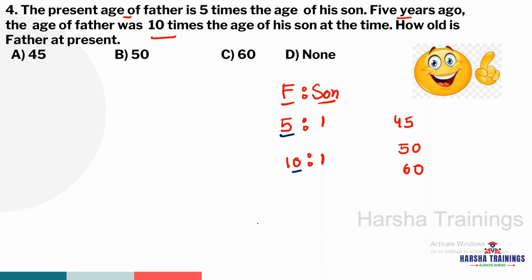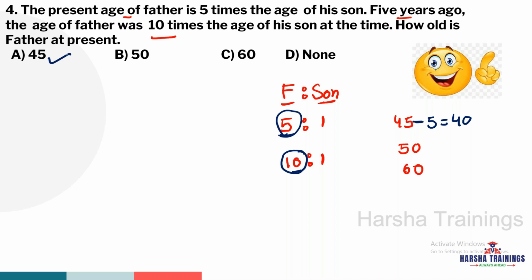What is the first option? 45. So 45 is a multiple of 5. Yes, 5 nines are 45. 5 years ago, ago means minus. 45 minus 5, 40. So 40 is a multiple of 10. Yes, 10 fours are 40. That's why the first option is the right answer.